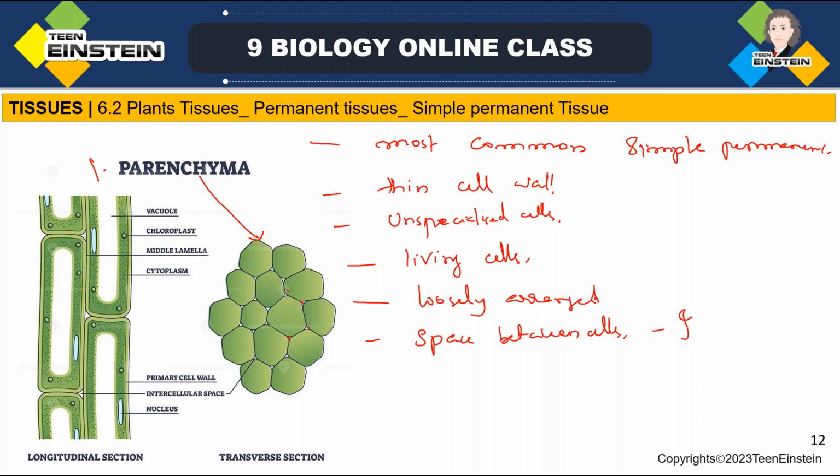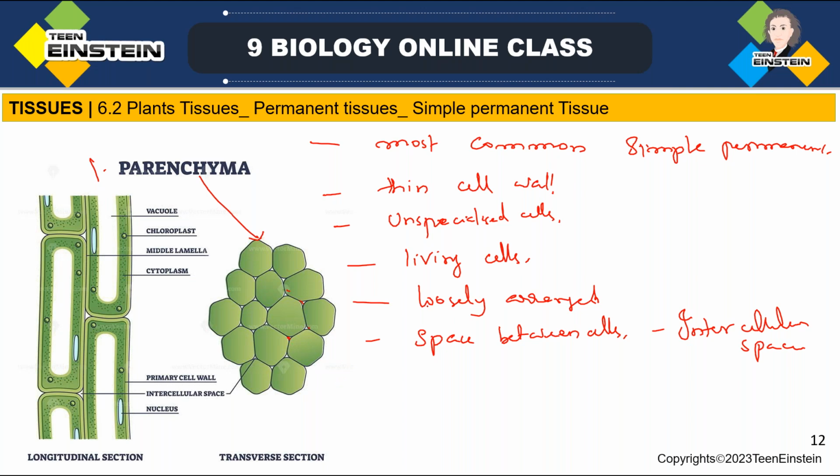and these spaces are called intercellular space. Inter means in between. Cellular means cells, so in between cells you can see the space. So they are intercellular. Okay. In this group of cells or tissues, you can see intercellular space.